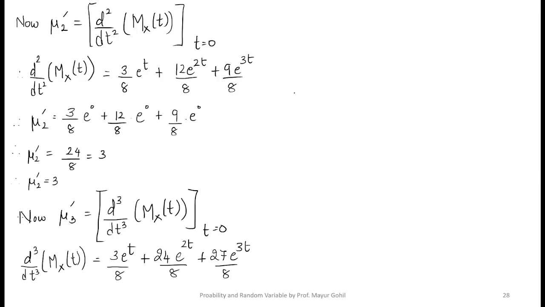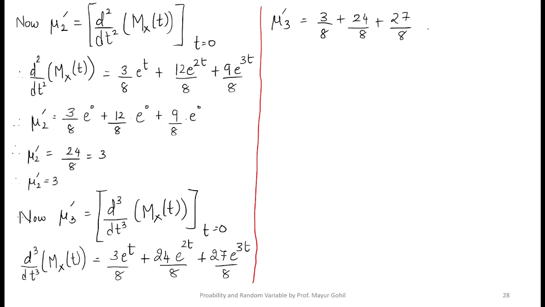Now this derivative, when evaluated at 0, we get mu3 dash equals 3 over 8 plus 24 over 8 plus 27 over 8. So it is going to be 27 by 4 is the answer. So that's what it is going to give us.